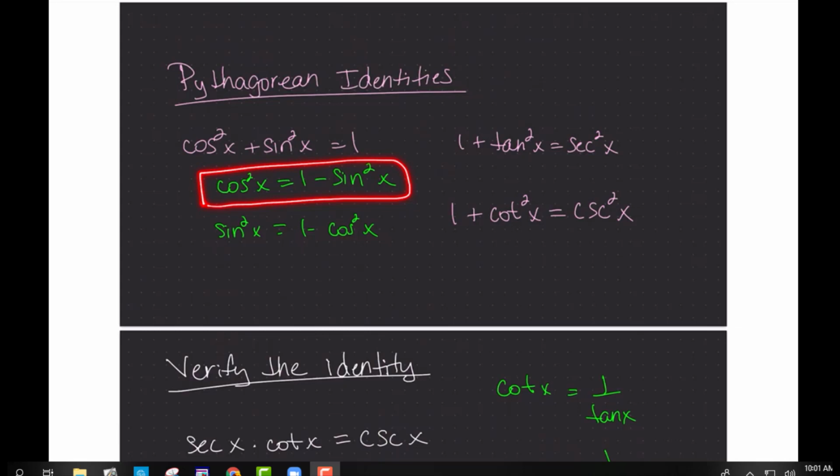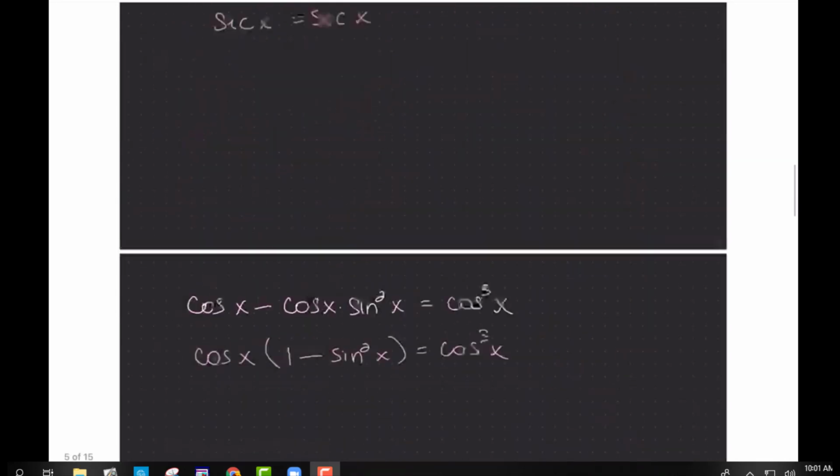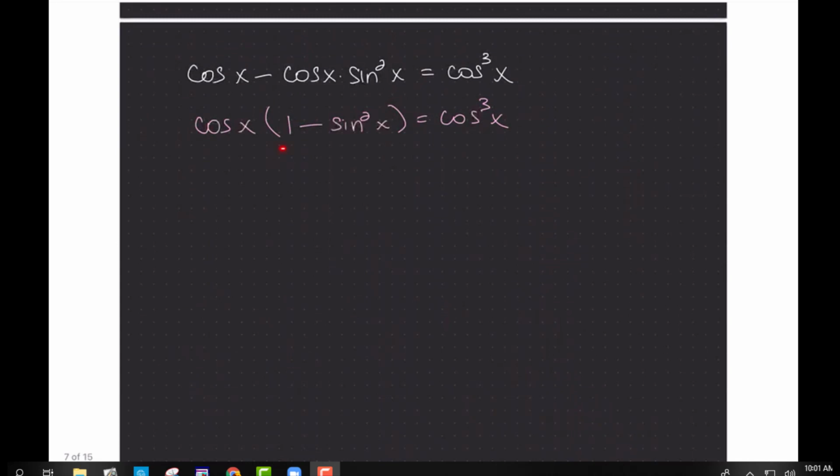Yep, because we had that 1 minus sine squared, right? So wherever we see 1 minus sine squared, what could we put in? Cosine squared of x. So here's my 1 minus sine squared of x, and what does that equal? Cosine squared.